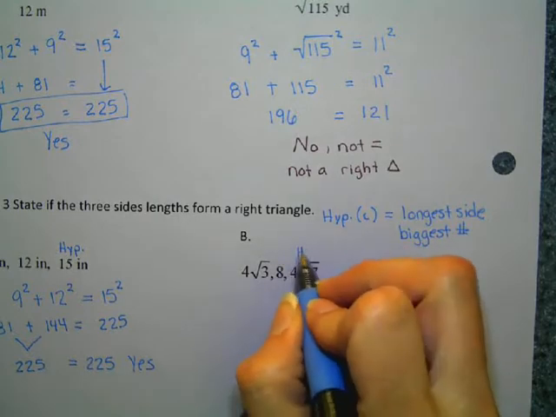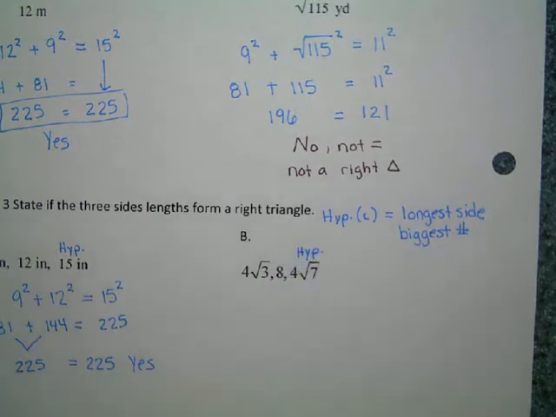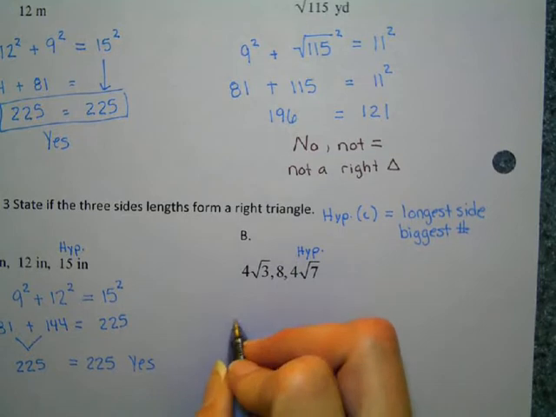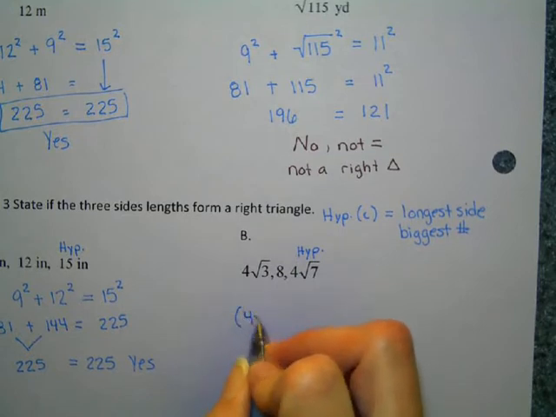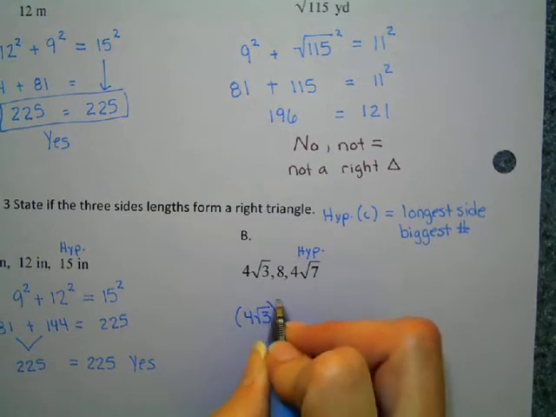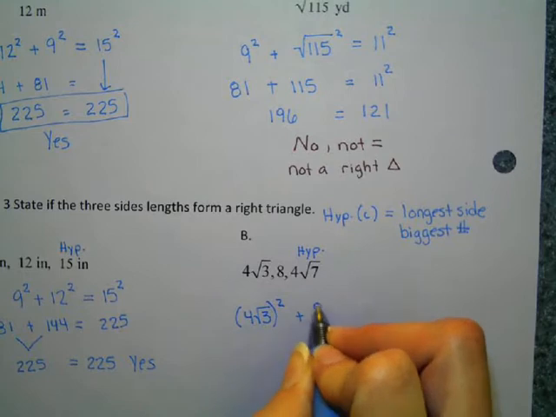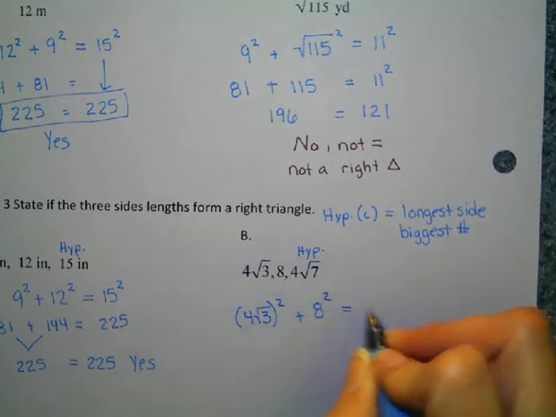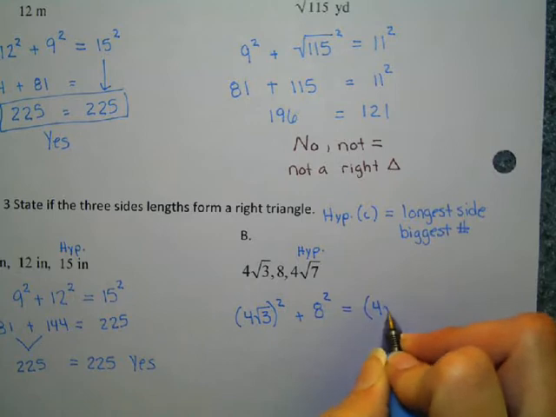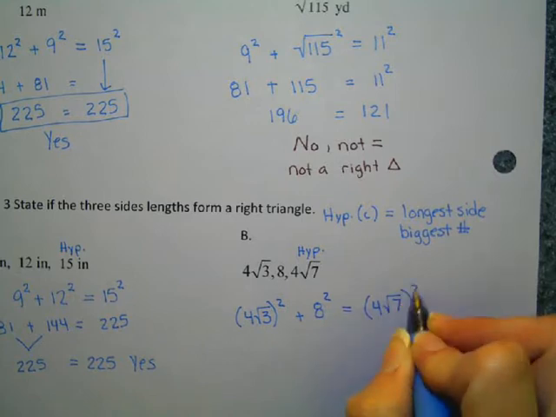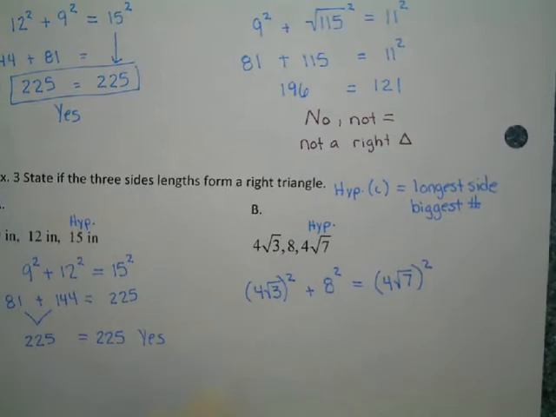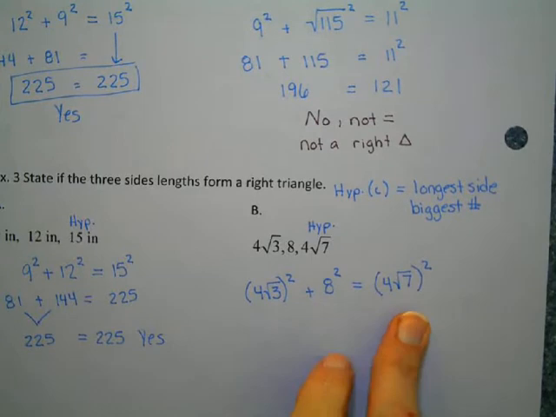It was the biggest number out of all those. So it's going to look like 4 square root of 3 squared plus 8 squared equals 4 square root of 7 squared. So you square each one and see if the two smaller ones add up to equaling the third one. If that's true, then Pythagorean theorem worked.